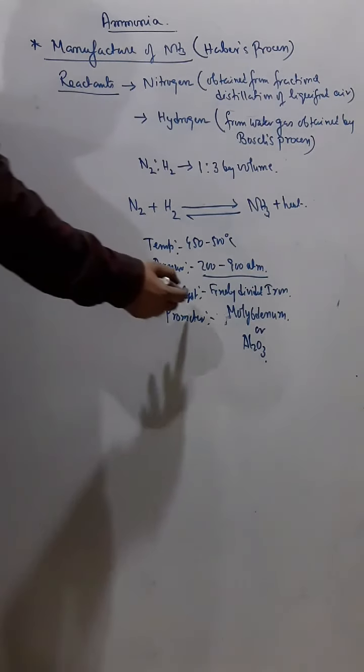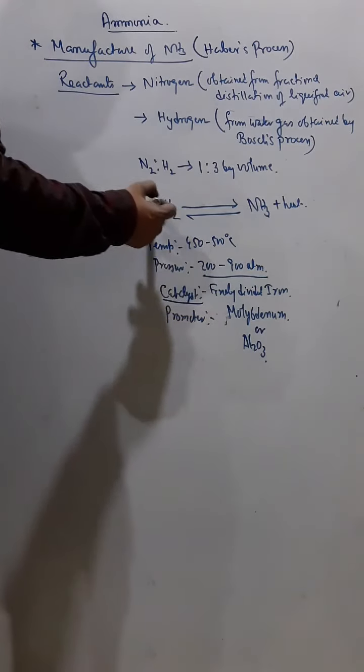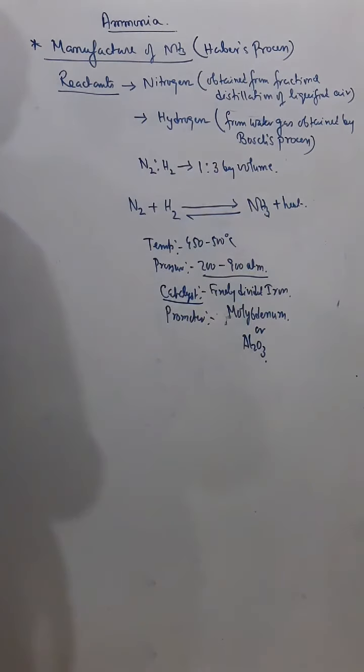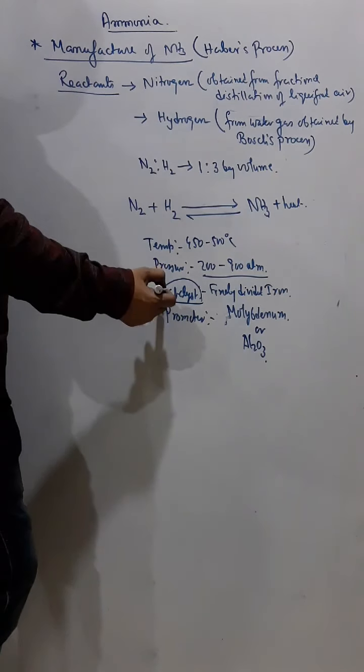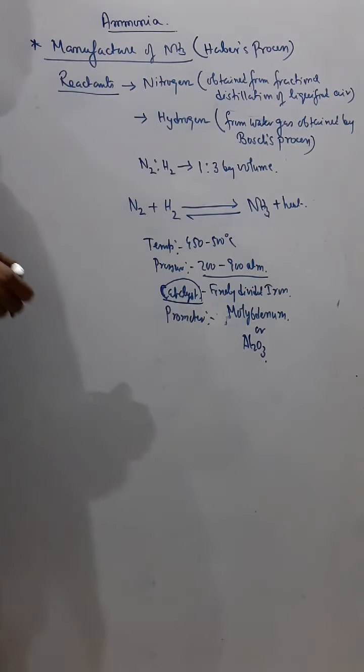So I hope everybody knows what a catalyst is. Catalyst increases the rate of the reaction. And what is a promoter? Promoter is that chemical substance which increases the efficiency of a catalyst. Means it prevents catalyst poisoning, because after using a catalyst for a long time, it gets poisoned.